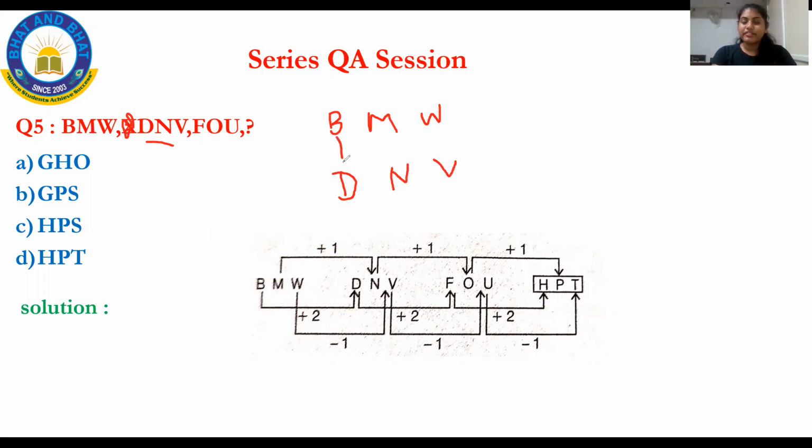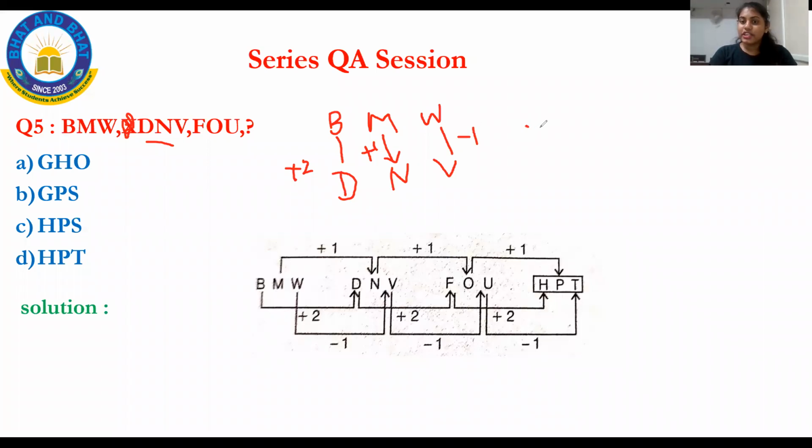B to D. What is the difference? C, D. That is plus 2. M to N. N is after M, so it is plus 1. Then W to V: A, B, C, D, E, F, G, H, I, J, K, L, M, N, O, P, Q, R, S, T, U, V, W. V is one letter before W, so I have to write minus 1.